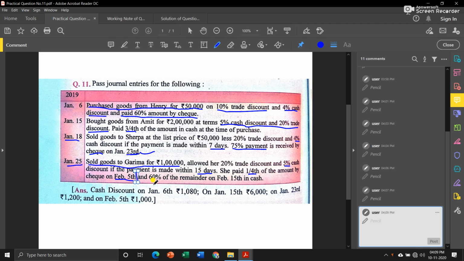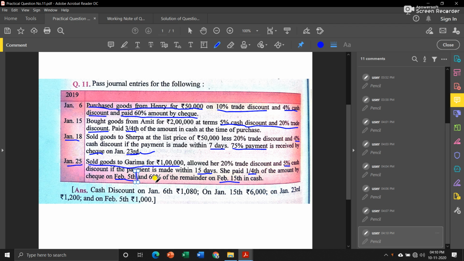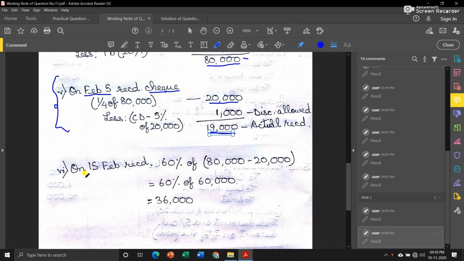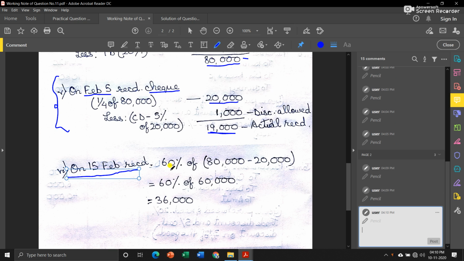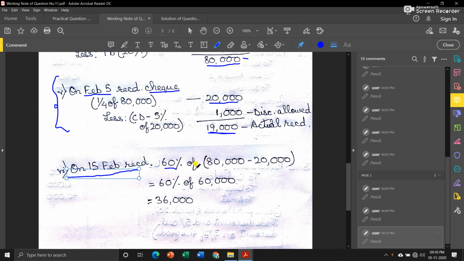Now focus on the next and last part of the transaction. 60% of the remainder: earlier she paid 1/4, the remaining 3/4 is still pending. But on February 15, she paid 60% of that remaining amount in cash. They haven't mentioned the amount, so we have to find it out. In the working note, on February 15 we received 60% of the remaining.